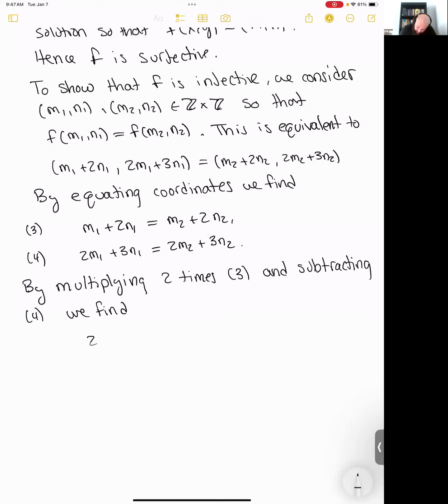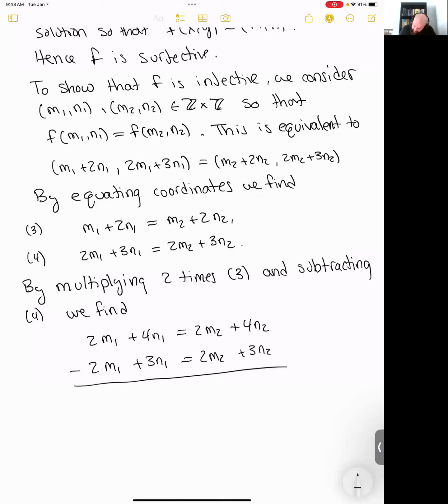We get 2m1 plus 4n1 equals 2m2 plus 4n2, and then we're going to subtract the equation as already written. And if you can see already what's going to happen, this kind of falls nicely in our lap. This is 0. This is 0, and what we get left over is just n1 equals n2. Perfect, right?